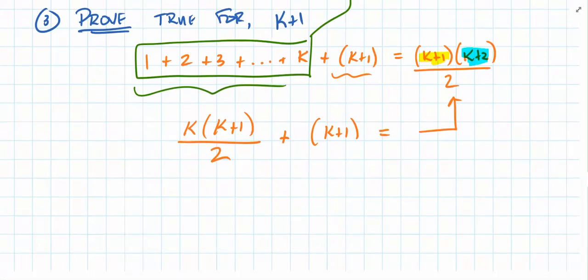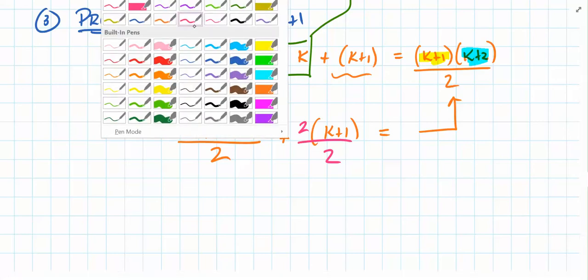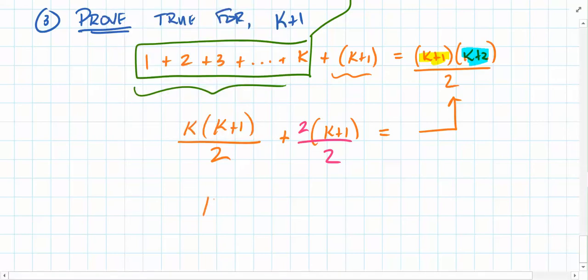What's the next move if I'm going to show this is true algebraically? If I want to add these together, what would I do? Common denominator. What would that common denominator be? Yeah, multiply by 2 over 2. Okay? What does that give you then? Okay, it gives you this. K times k plus 1 plus 2 times k plus 1, all divided by the common denominator of 2.